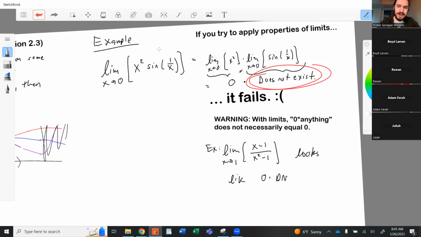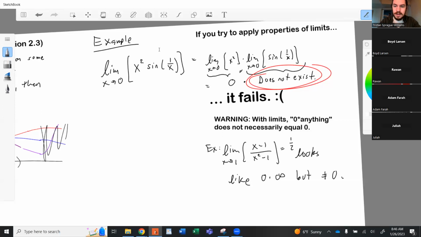Or maybe it's infinity, right? We could say that. It sort of looks like 0 times infinity, but not equal to 0. This limit actually equals a half, right? So we've done that exact limit a couple of times. You can factor it, you can cancel it, you plug in a 1, and you get 1/(1 plus 1), which is a half.